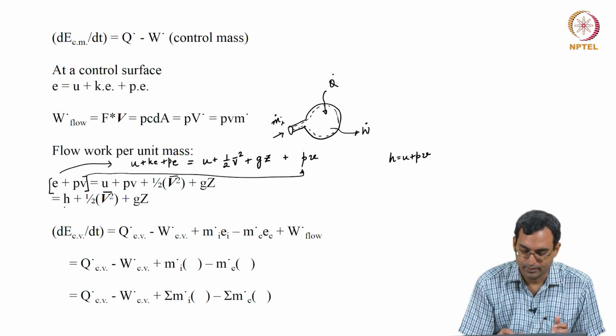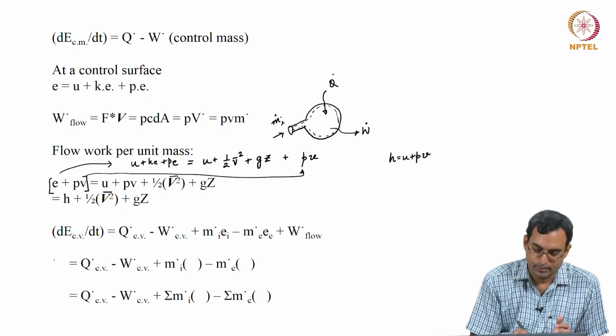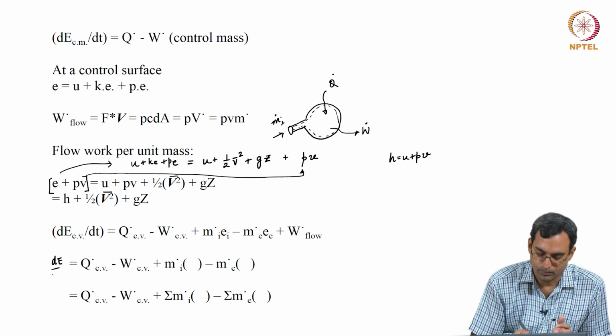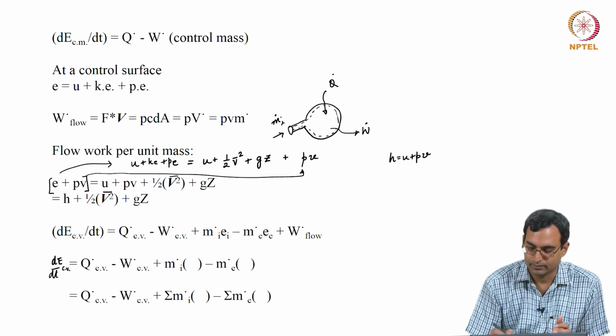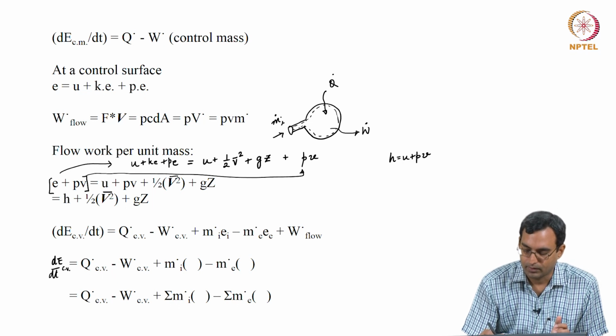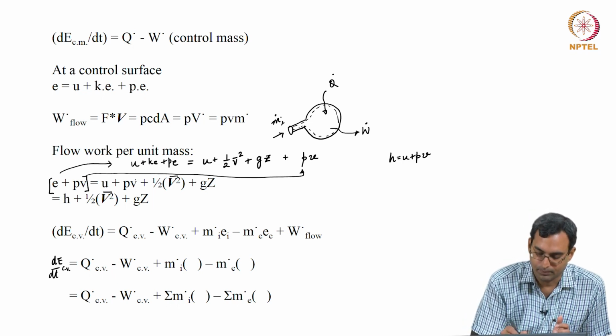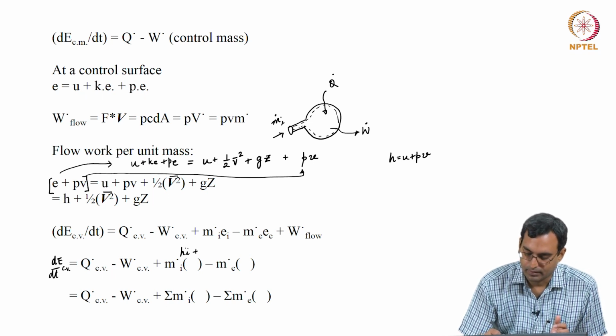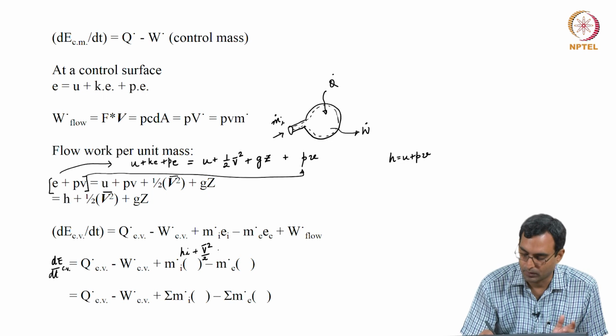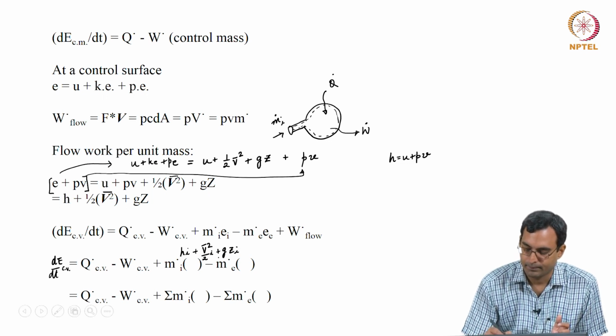So, what we can write instead is dE by dt for the control volume as heat transferred minus the work done plus m dot I into E I plus this PV, which is essentially the enthalpy, plus the specific kinetic energy, which we can write as V square by 2 or C square by 2 or whatever you want to write it as, plus g z I at the inlet.